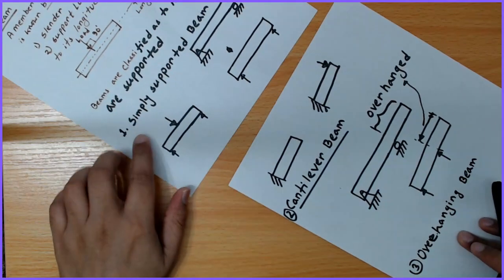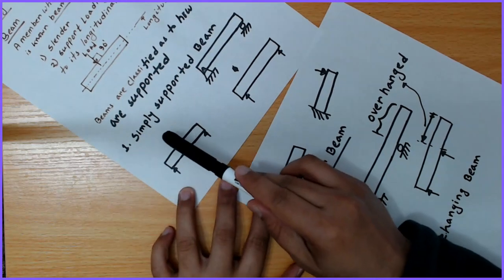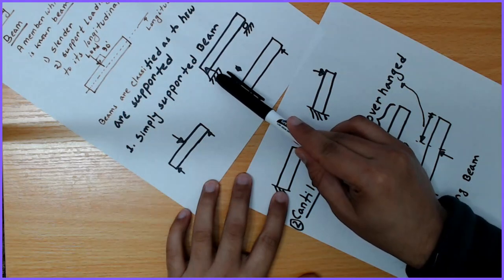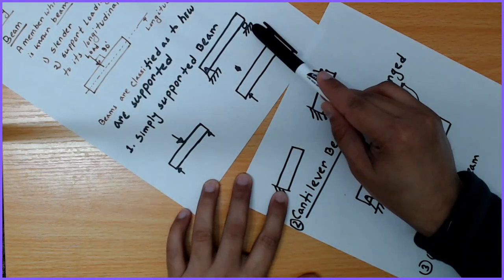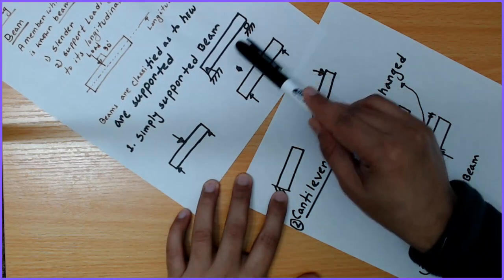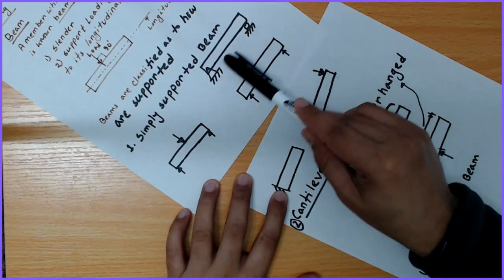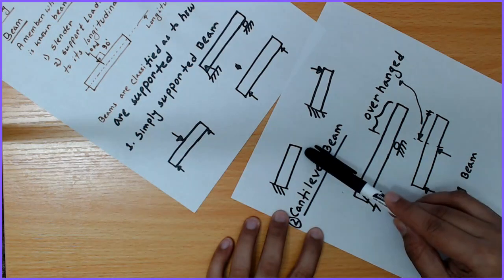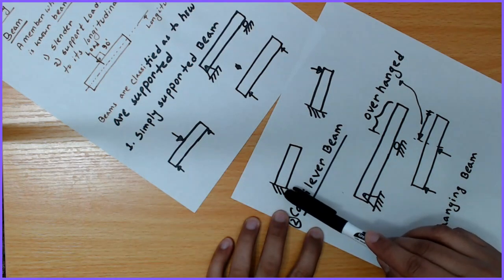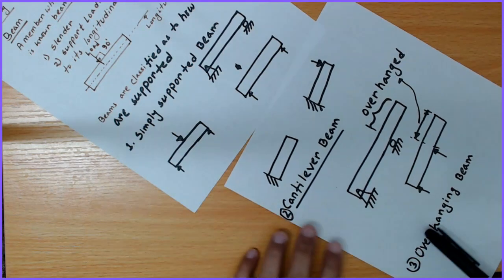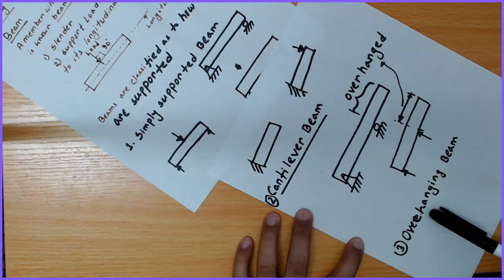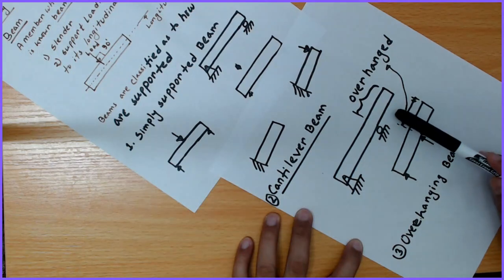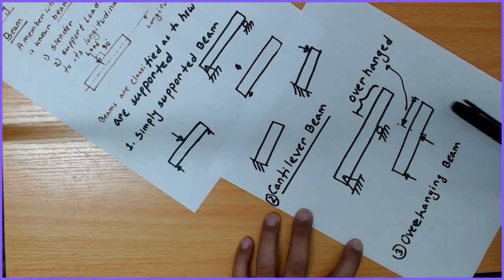The first is simply supported beam, where both ends of the beam have a support. Cantilever beam is one end is fixed, and the third one is overhanging beam, where a significant portion of the beam is overhanged.